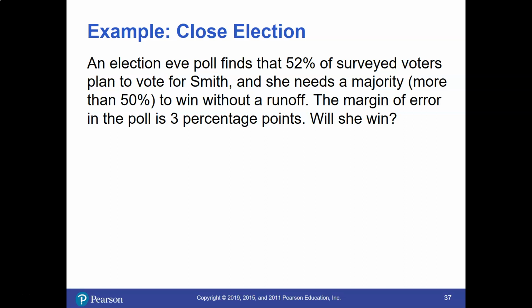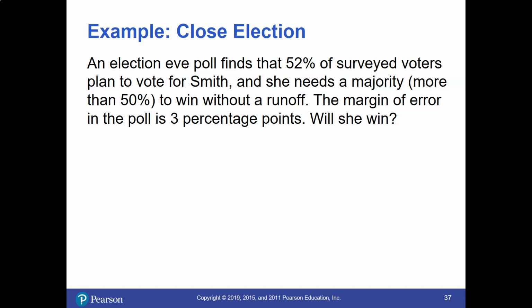An election poll finds 52% of surveyed voters plan to vote for Smith, and she needs a majority, more than 50%, to win a runoff. The margin of error in the poll is 3 percentage points. Will she win? Well, if it's 52% of voters, the lower bound would be 49%, 52 minus 3, and the upper bound would be 52% plus 3, which is 55%.